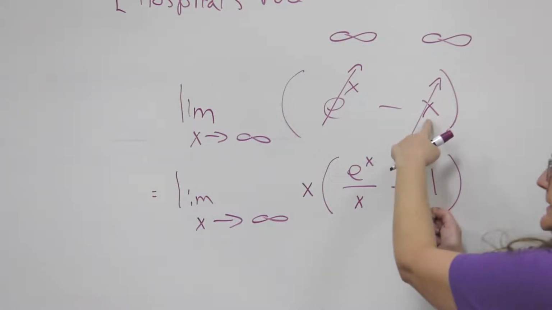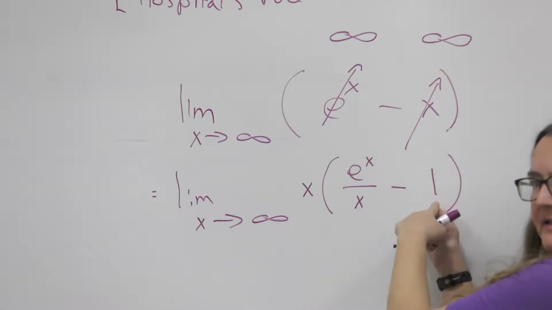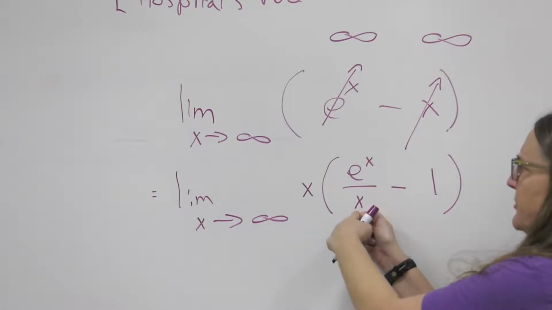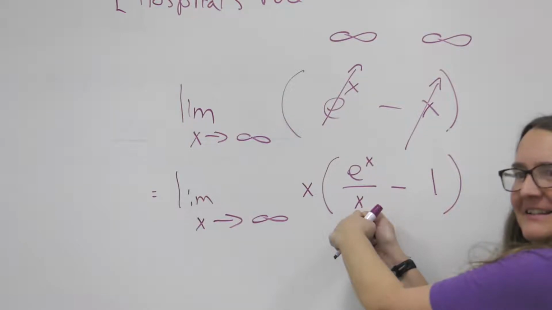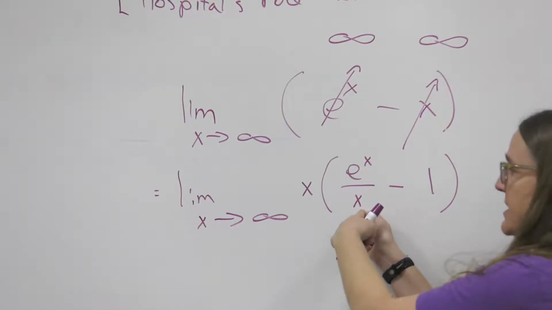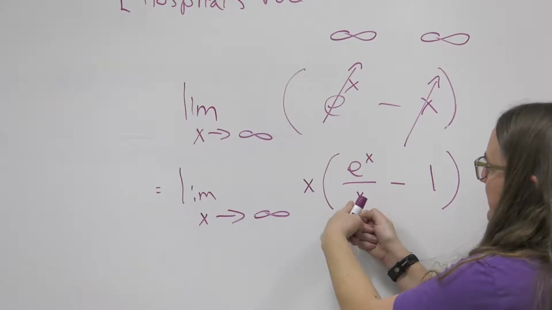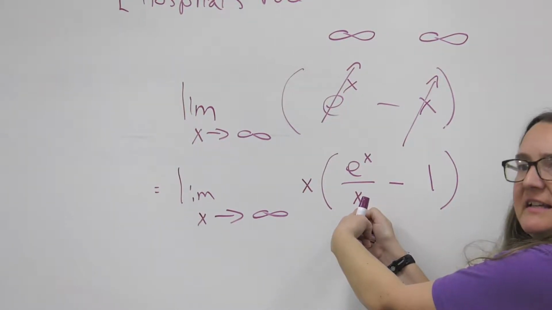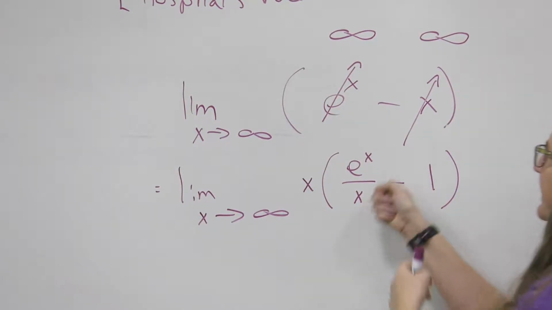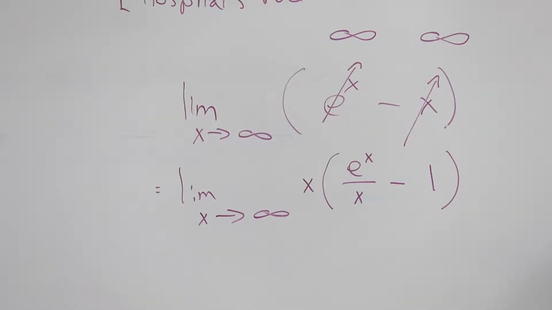X factored out really nicely from the x. When I pull out the x, I've got a 1 left over. It didn't factor out super nicely from an e to the x, but we're okay here because x times e to the x over x would just give me e to the x. So if I distributed it back, I'd be right back to where I started.